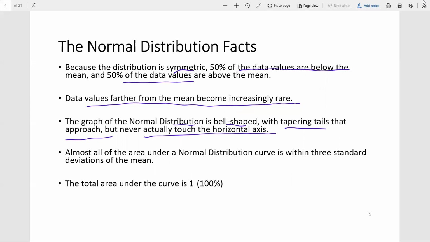Almost all of the area under a normal distribution curve is within three standard deviations of the mean. That's plus or minus 3 sigma. The total area under the curve is 1, which means 100% of the data is there.